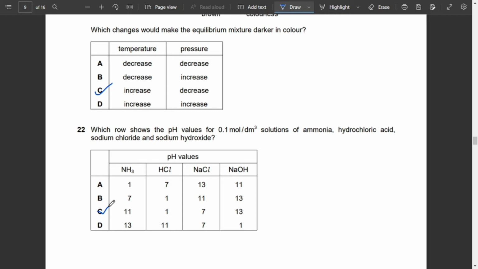Salt is always made by the reaction of an acid and a base, and when acid and base combine together, they have a reaction known as a neutralization reaction. In result we have salt. So NaCl is a salt, so its pH is supposed to be neutral, that is 7 clearly. And NaOH is sodium hydroxide, it has an OH ion with it, which makes it basic, of course, so it's going to be pH 13.